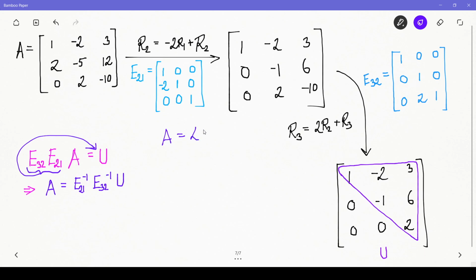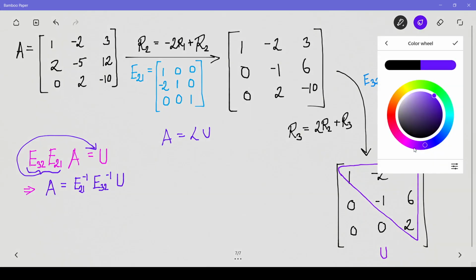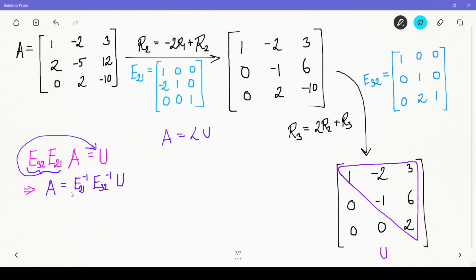Two matrices L and U, which when multiplied together give me A. We can say that whatever matrix we get when we multiply the inverses of all the elimination matrices will give me my L matrix, right?